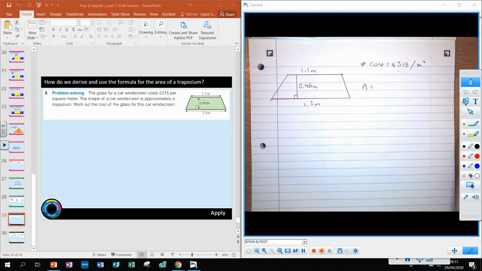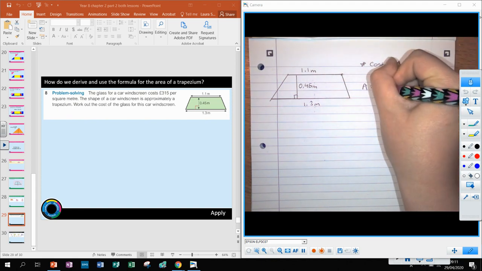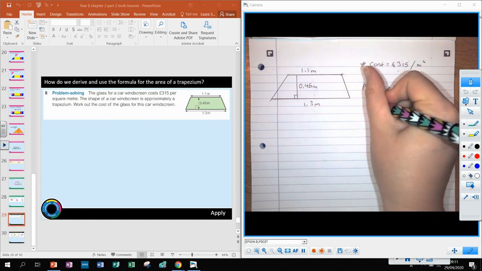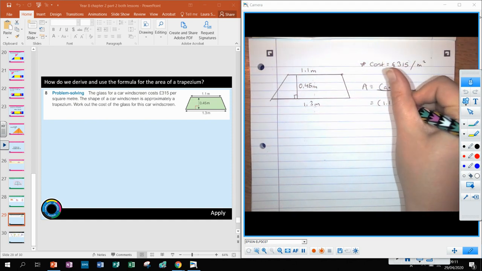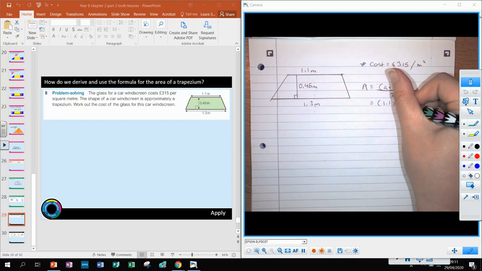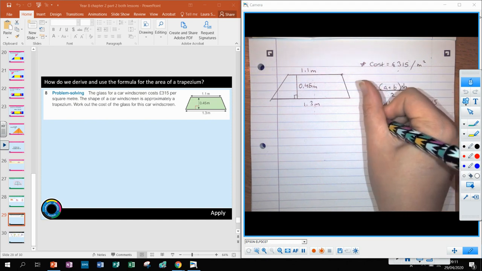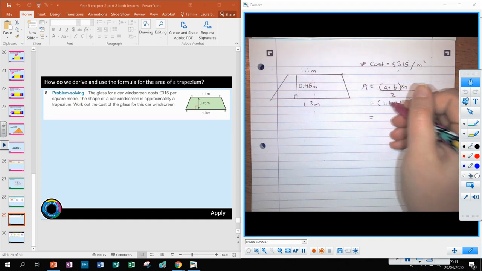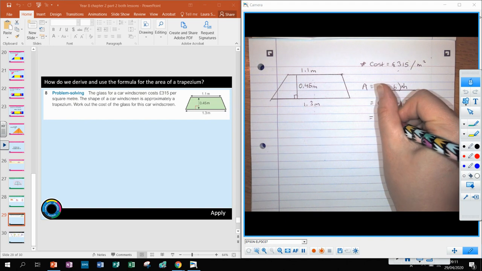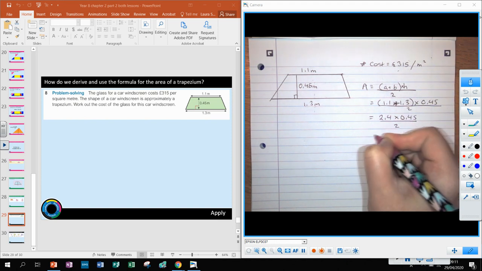Okay, so area is equal to A plus B times the height, all divided by 2. In this case, that's 1.1 plus 1.3, and then times the height of 0.45. 1.1 plus 1.3 is 2.4, times 0.45, and obviously we are dividing by 2.